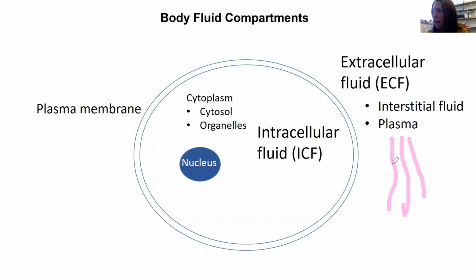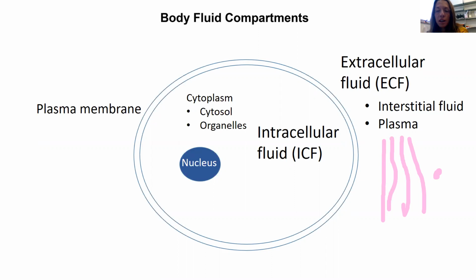I'm just going to draw some fibers, maybe a single cell out there. The fluid that's a part of those tissues, that's in between the tissues, but outside of the cell, that is your interstitial fluid. But also outside of cells is blood plasma. So that's the other component that is part of ECF.